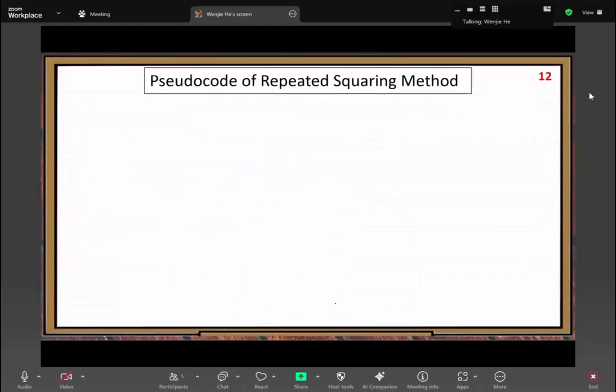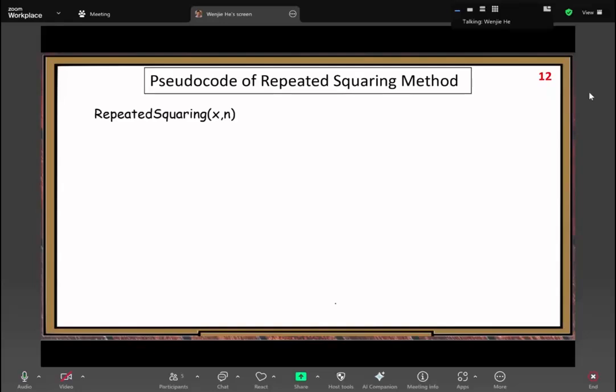Pseudocode of repeated squaring. Very simple. We can use recursion to implement this method. We write repeated squaring with 2 parameters, x and the degree n.